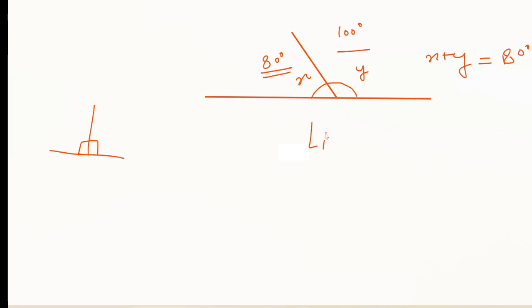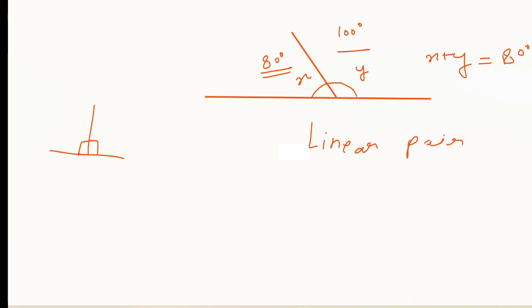Because in a straight line there are two right angles, 90 plus 90, which gives 180. So if this is angle x and this is angle y, then x plus y would give you 180. Suppose y is 100 degrees, so x would be 80. If this is 100 degrees given, this would be 80 because this is a linear pair.